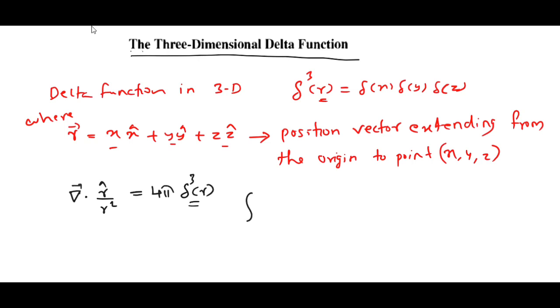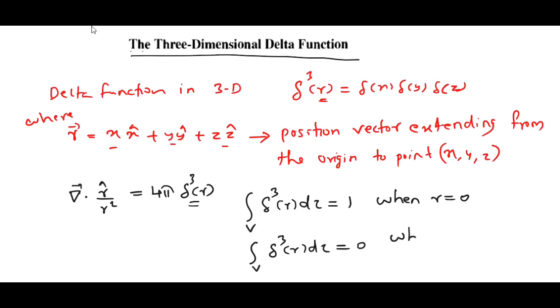It has this property: the volume integral of the three-dimensional delta function is equal to 1. That is, the volume integral of delta cube r d tau is equal to 1 when it includes the origin, that is when r is equal to 0. At all other points, that is when r is not equal to 0, the volume integral of delta cube r d tau is equal to 0.